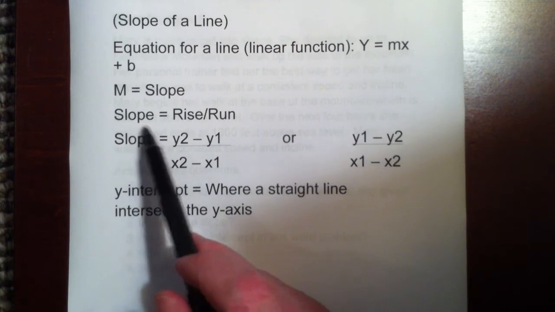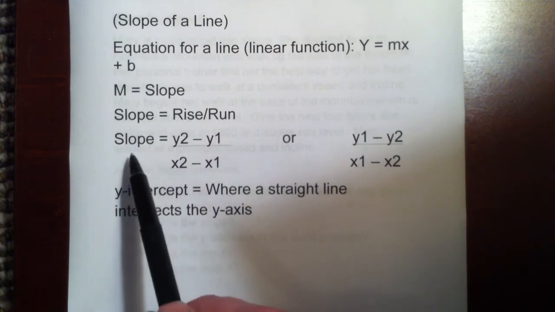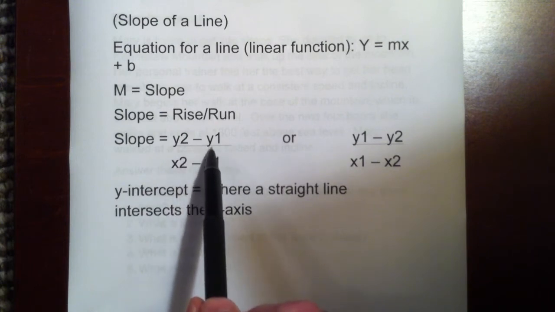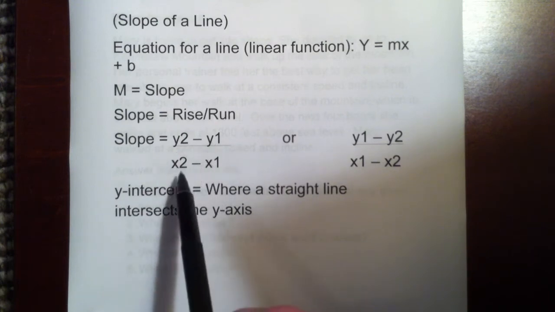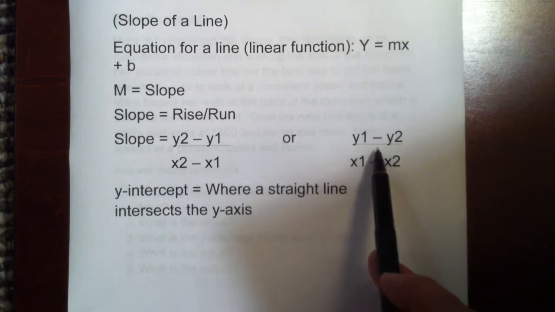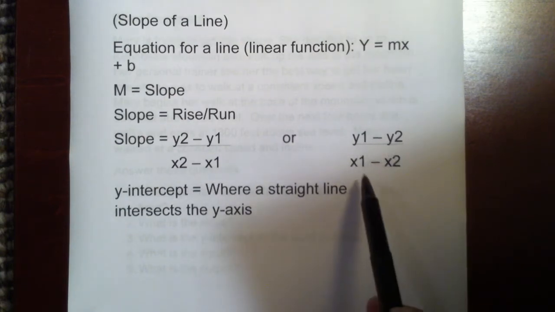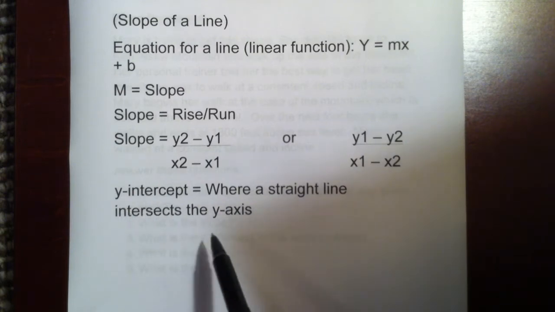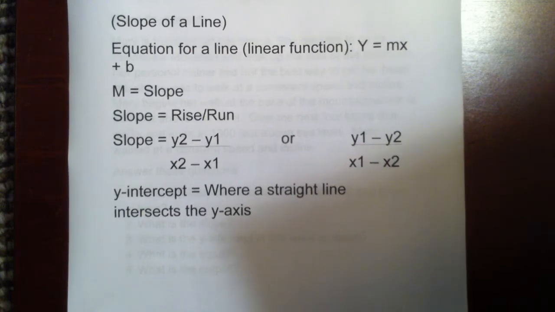As we know, slope is rise over run, or we can also get it with the formula y2 minus y1 over x2 minus x1, or y1 minus y2 over x1 minus x2. The y-intercept is where the straight line intersects the y-axis. This is something we've talked about in class.